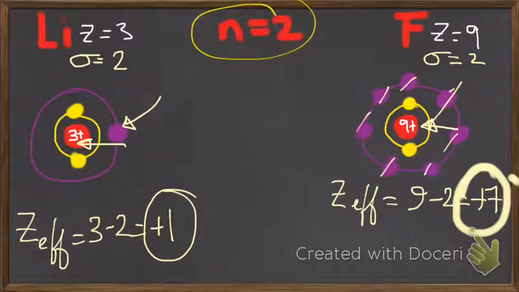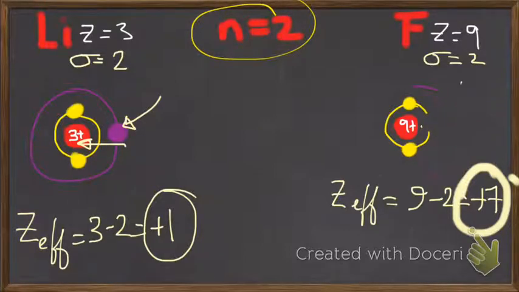So if I really draw fluorine to make it resemble what it should, first of all, let me fix my inner shell. It's going to look something more like this. And once again, this is not drawn to scale, so please forgive me. 1, 2, 3, 4, 5, 6, 7.